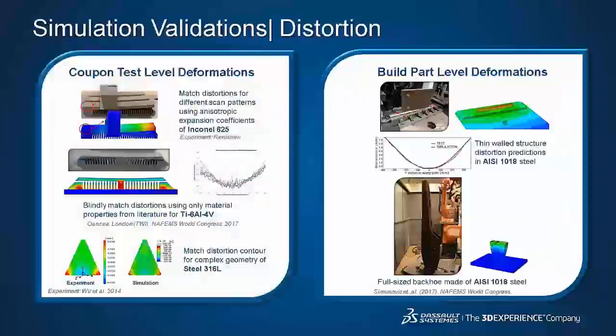So this is a quick overview of what we validated by the end of last year. Distortion prediction is quantitatively validated from coupon test levels to build parts levels for different processes such as SLM, LDED, and different materials: Inconel, titanium, and steels of different grades.